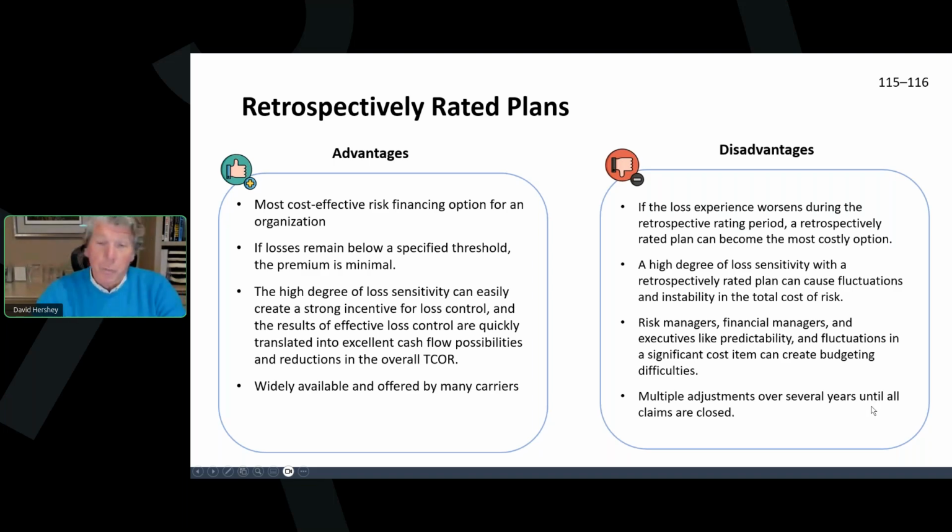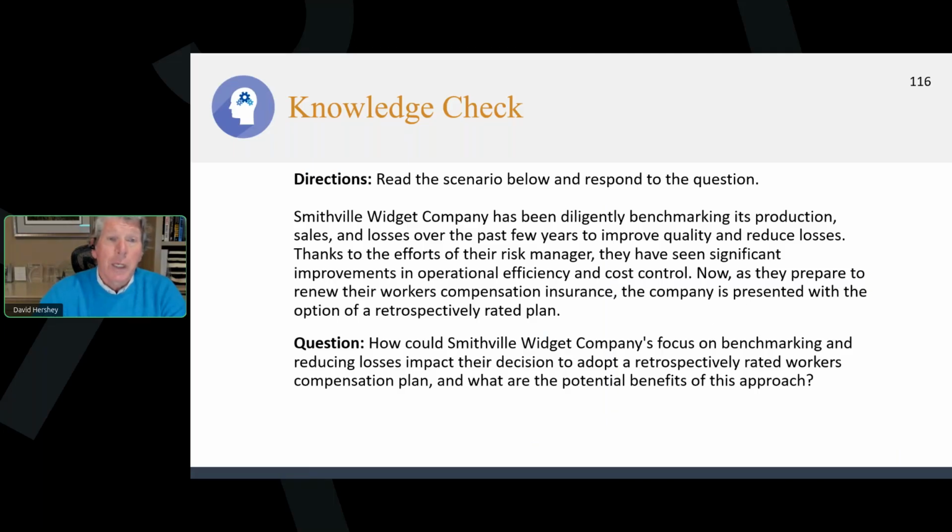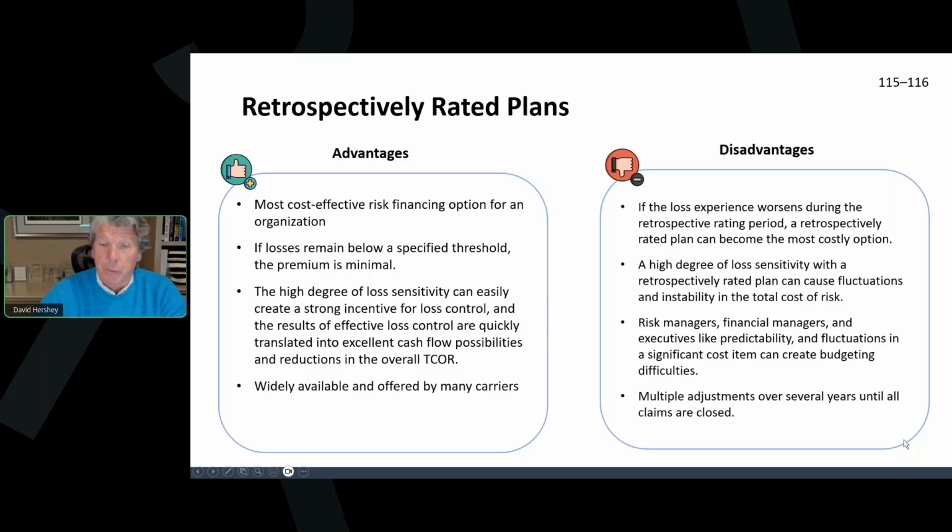Sometimes I've seen agents and brokers say the indicated premium is the premium for that year. Well, no. That's only year one. Until the claims are closed, that will keep adjusting up and down and up and down for 2 years or 20 years, until the last claim is closed, unless, of course, you built in a closure process in the program agreement.